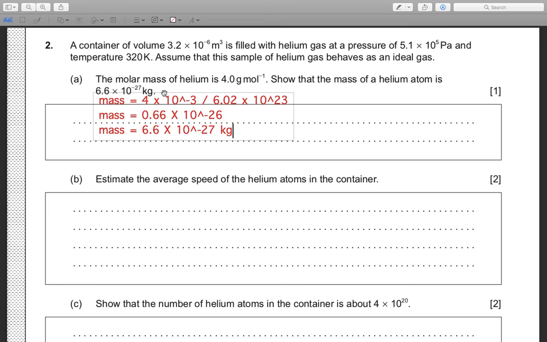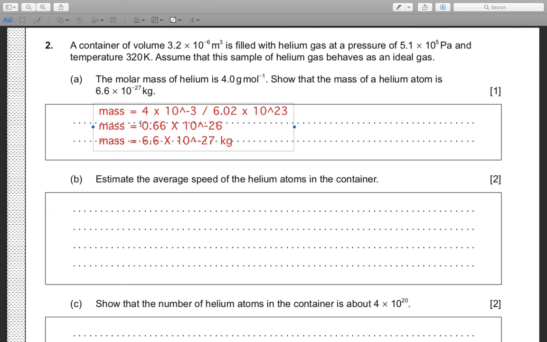Yes, correct. Finally, we get the answer, 6.6 times 10 to the power of minus 27 kilogram.